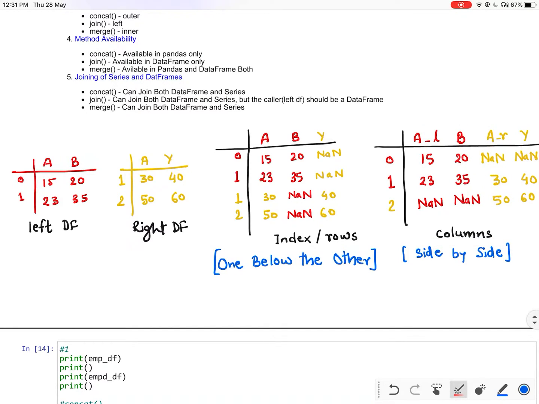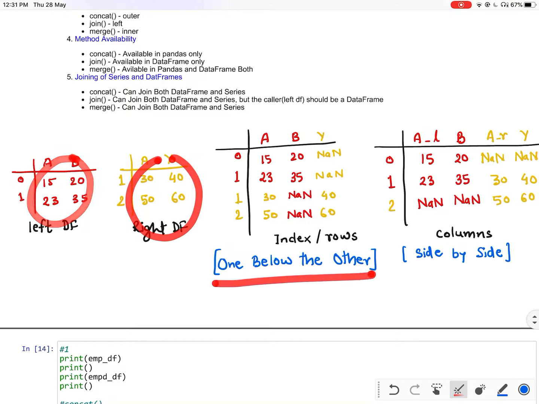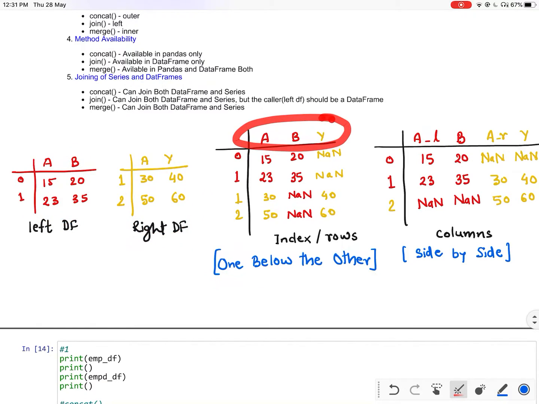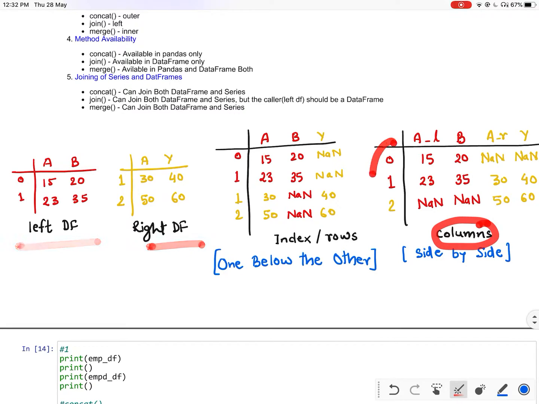Also, see this carefully: when I am combining these two data frames one below the other, I am using the similar columns, and putting the similar data of those two data frames in a single line. Secondly, when I am combining these two data frames using columns, I am using the indexes of those data frames, and for the same indexes, I am putting the data in a single row.